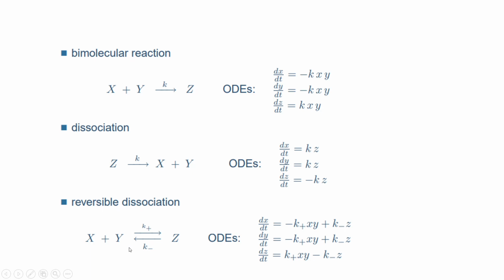So your dx/dt will depend on how x and y are getting depleted and how z is getting formed. Same with dy/dt, and your dz/dt will depend on how z is getting degraded and also on how x and y are getting combined to form z.